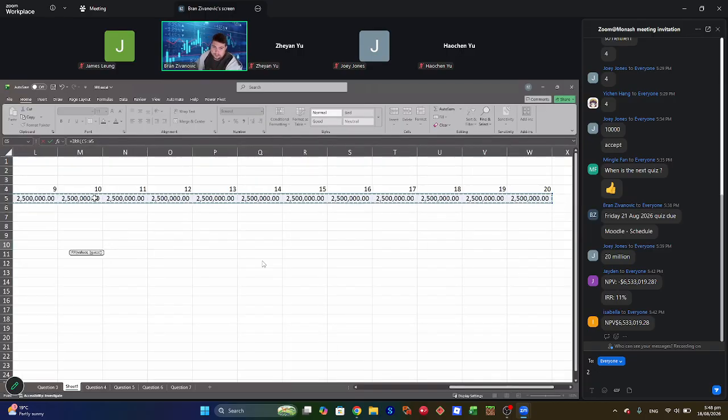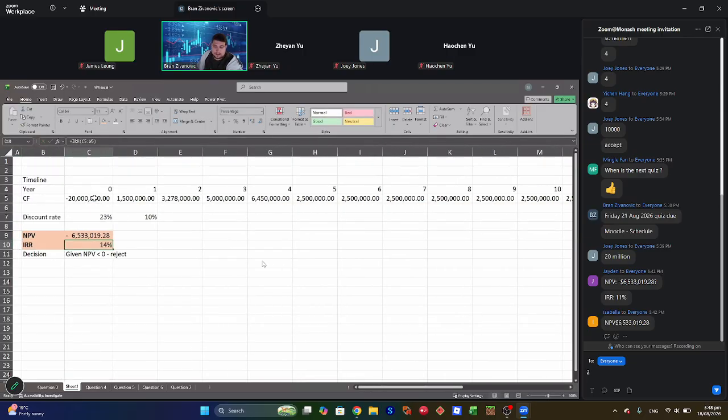With IRR, rather than saying this one goes and this one doesn't, you just select all the cash flows, close the brackets, type in the formula, and you're done. Any questions?